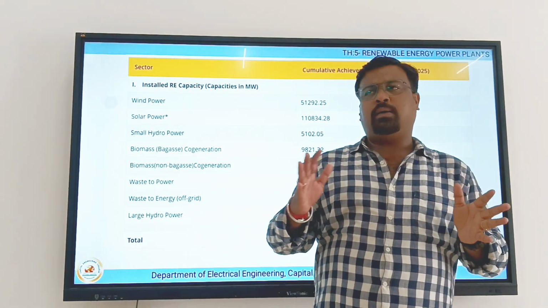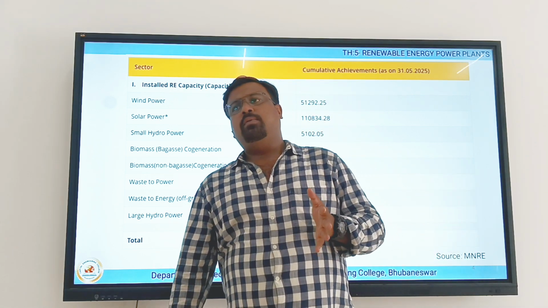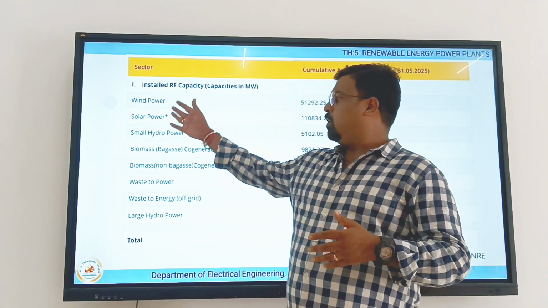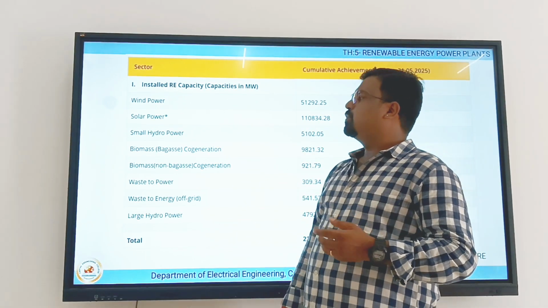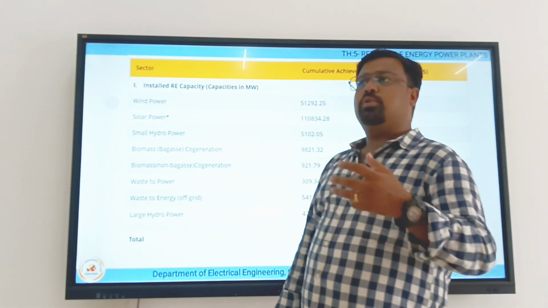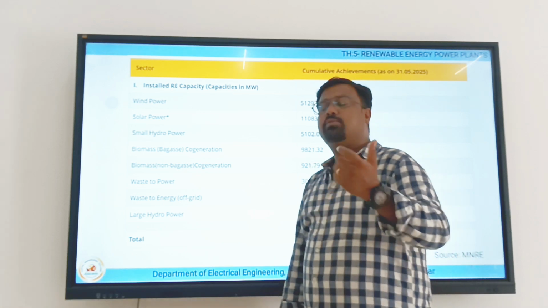It has very different advantages among all other sources of renewable energy, and that is why solar power is so popular. We will discuss this in the consequent classes also.